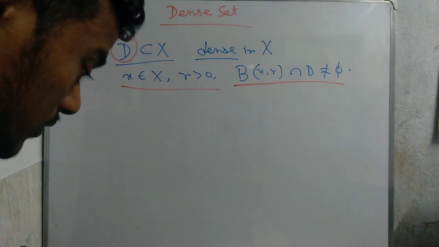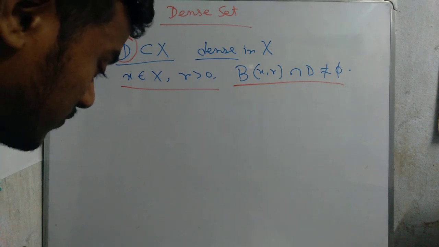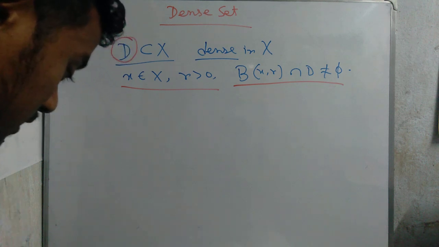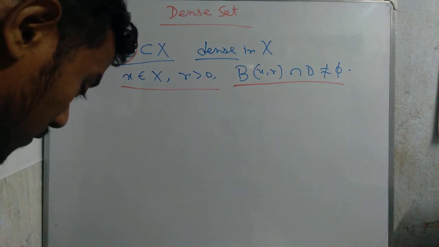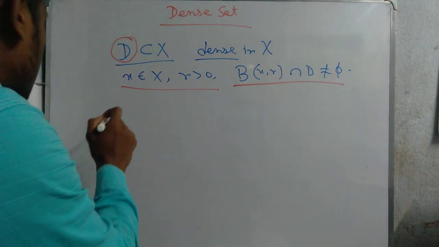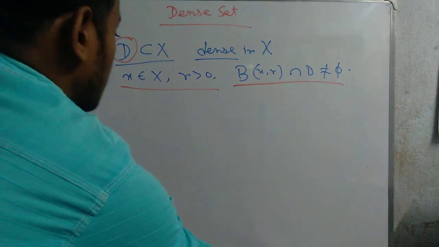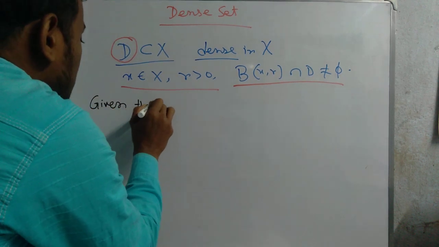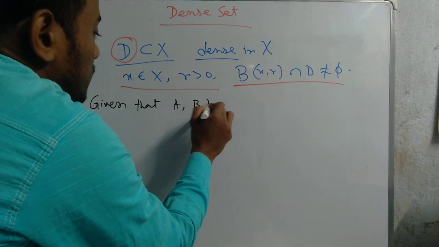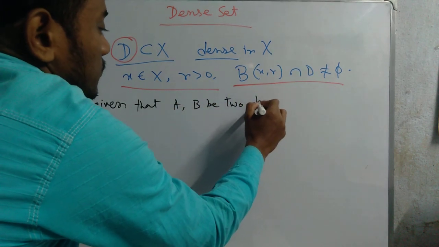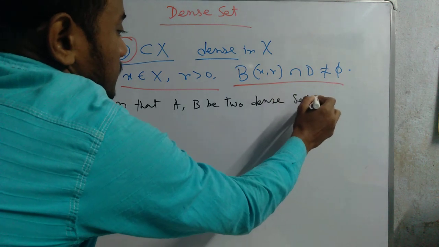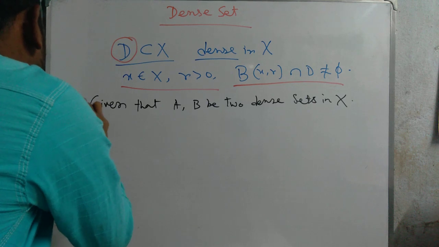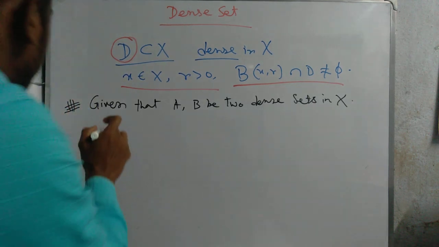Now, we discussed many things in the previous class, and we also learned something about dense sets. But now we discuss two dense sets. Given that A and B are two dense sets in X, then what happens?